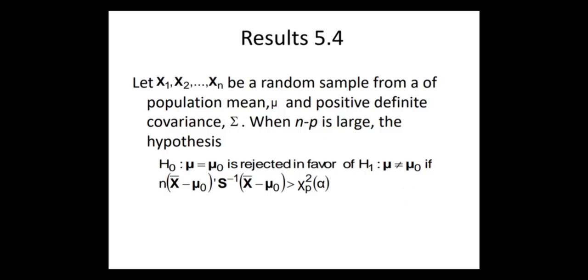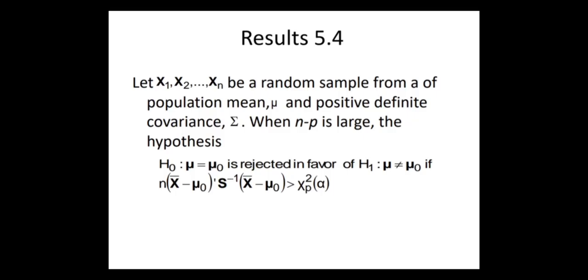Before this, for the T square, we reject H naught when the T square is more than the value of the F distribution. But for a large sample, we compare with the chi-square distribution with degrees of freedom p, which is the number of variables, and then we can make the conclusion as usual, whether the mean vector is plausible or not for the mean of the multivariate population.